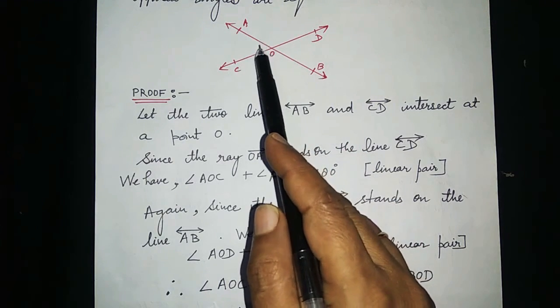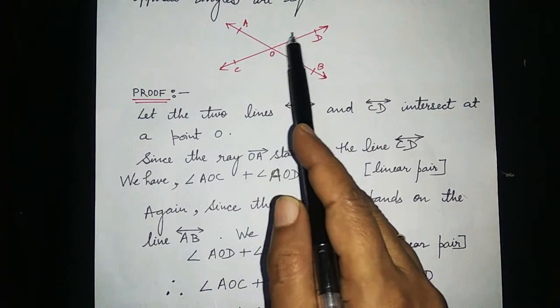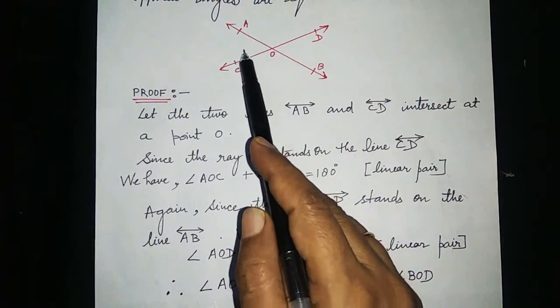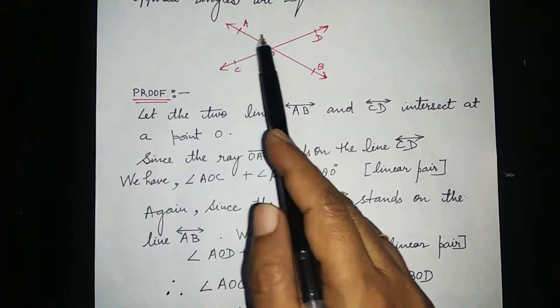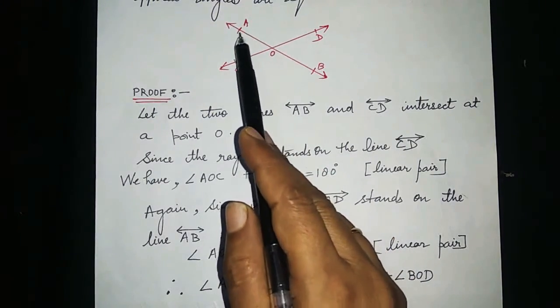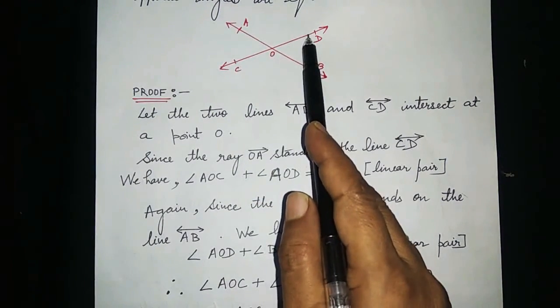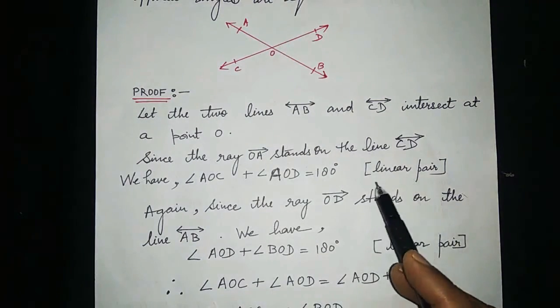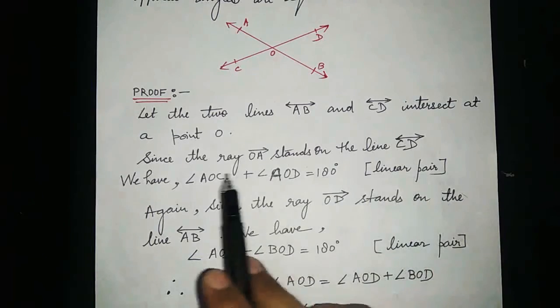So it means their sum is equal to 180 degree. So here you will write angle AOC plus angle AOD is equal to 180 degree, and in bracket you will mention linear pair.